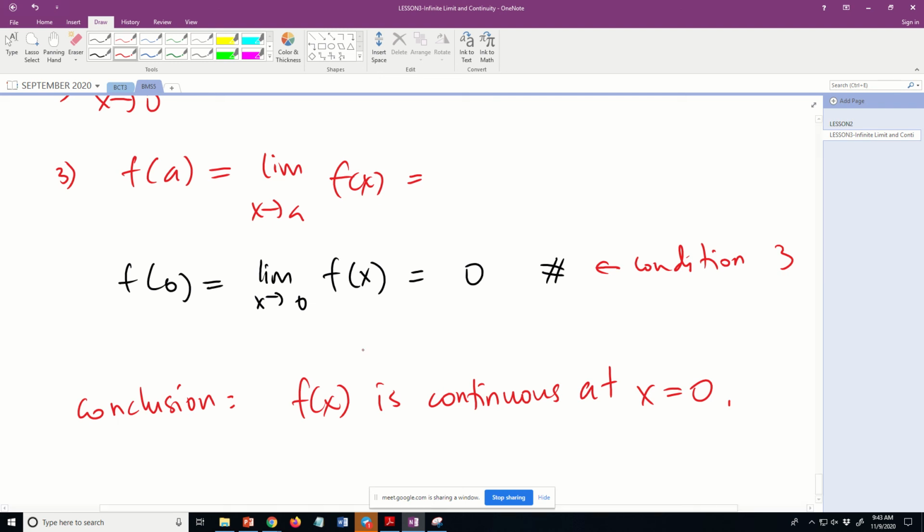Yang ni just nak make sure dia duduk sama lah. Sometimes it won't be same. Sometimes ada masanya dia takkan jadi sama. So we need to write this because these two are equal, so that you must write because you are saying condition 3 is satisfied. Dia kadang-kadang FA dengan limit dia takkan dapat sama.